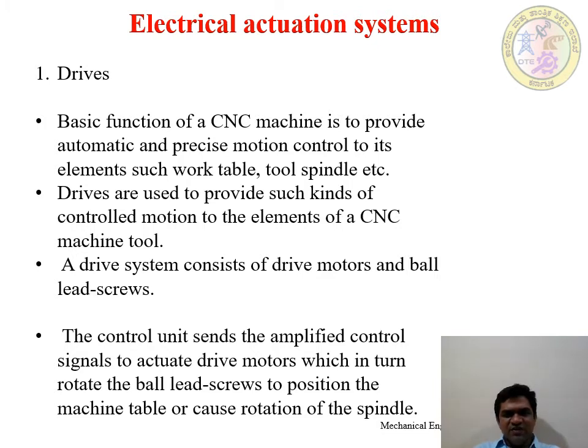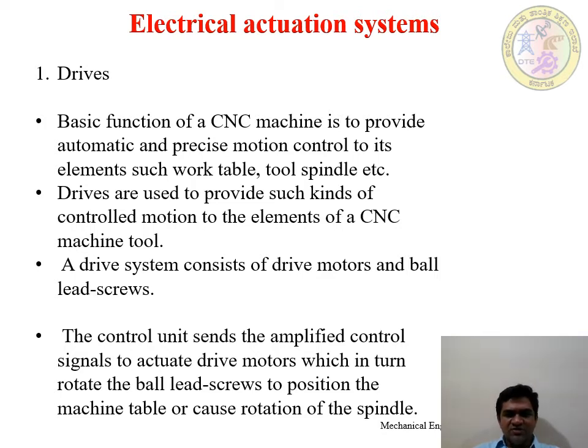The basic function of a CNC machine is to provide automatic and precise motion control to its elements such as the work table, tool, spindle, etc. Drives are used to provide such controlled motion to the elements of a CNC machine tool.